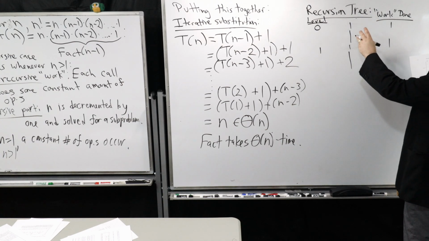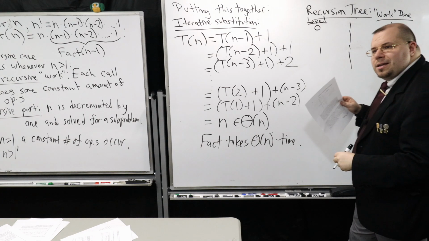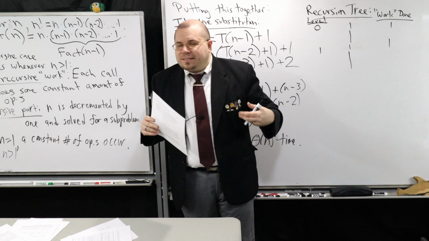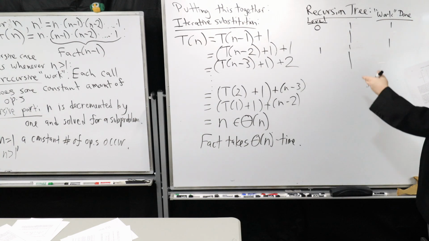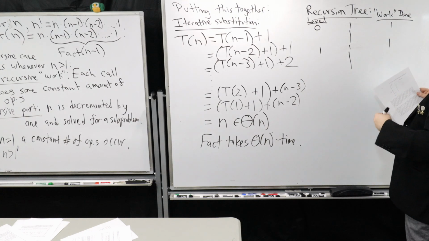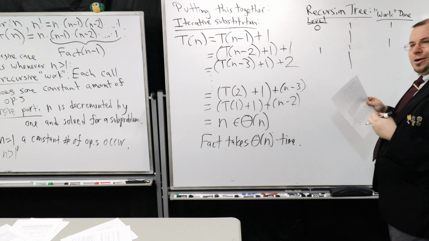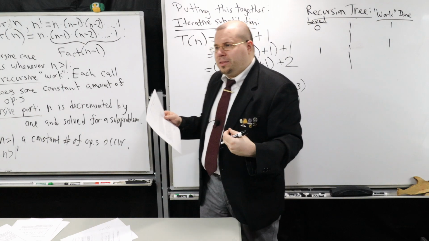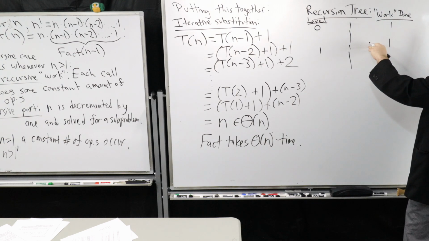All I'm doing is having each one of these as nodes in the tree that reflects the size, so the function invocation at that given size. Usually they put the non-recursive work in there for that given size, or it could simply be the input itself. You'll see in a couple of my examples where it's more convenient to write it one way or the other.